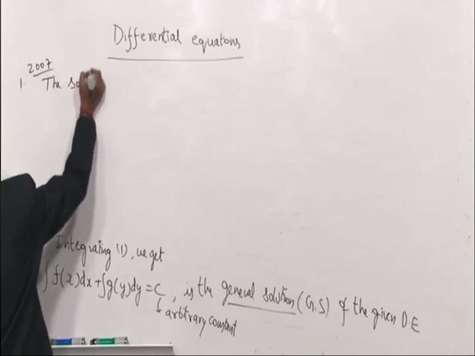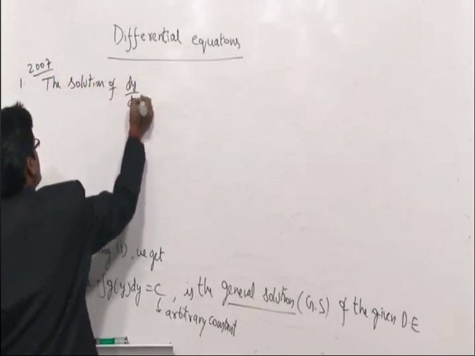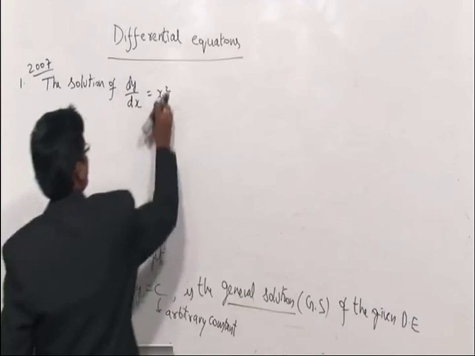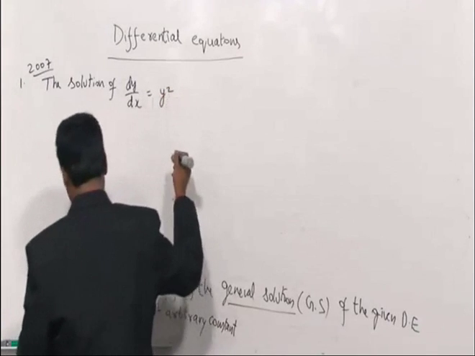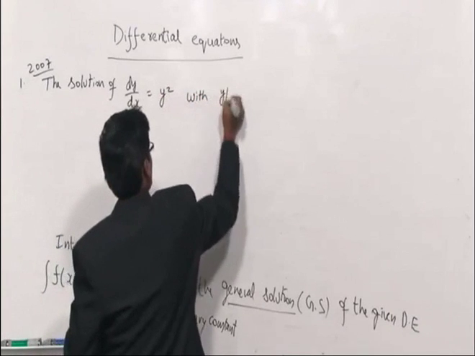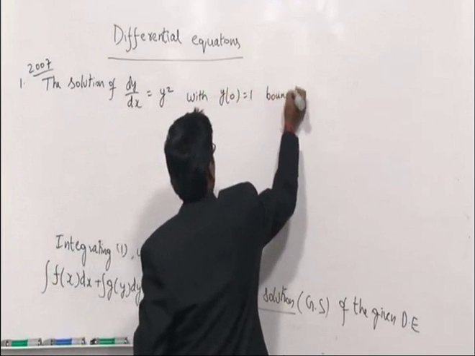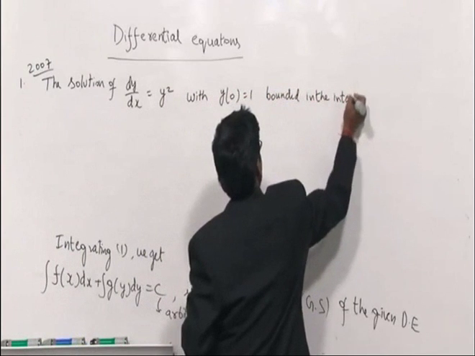The solution of dy by dx is equal to x square, is equal to y square with y of 0 is equal to 1 bounded in the interval.